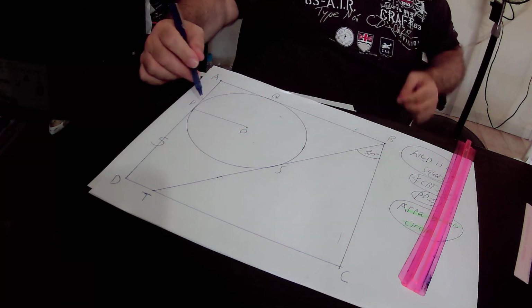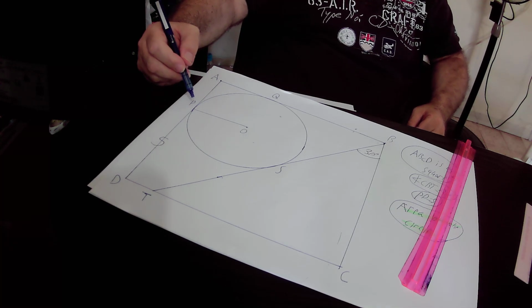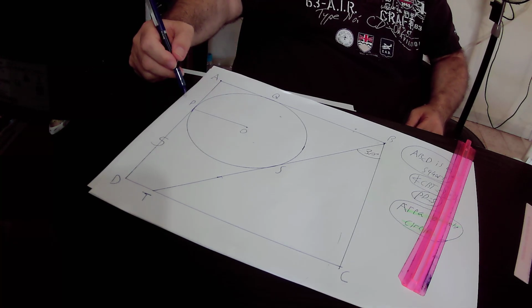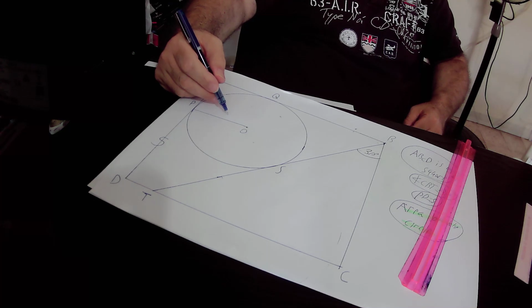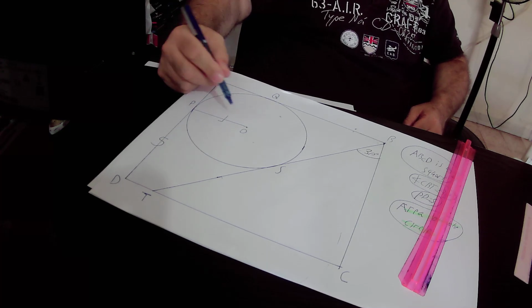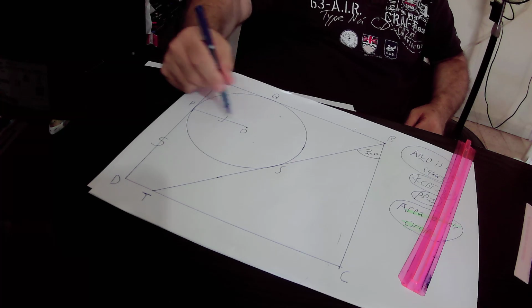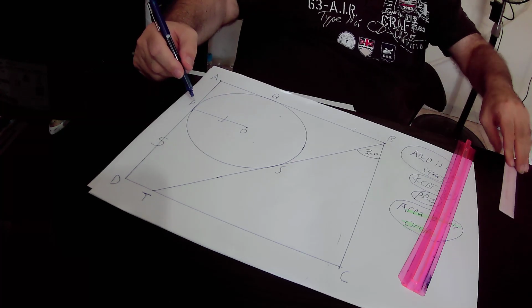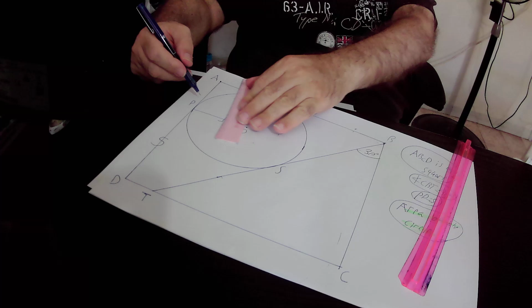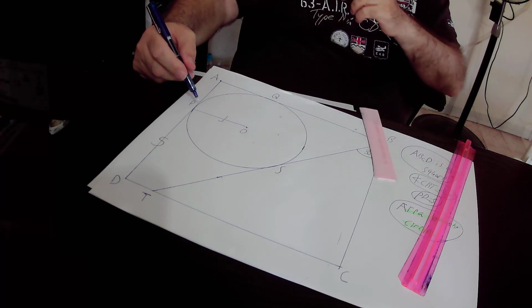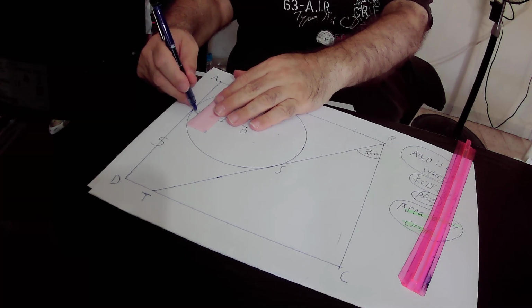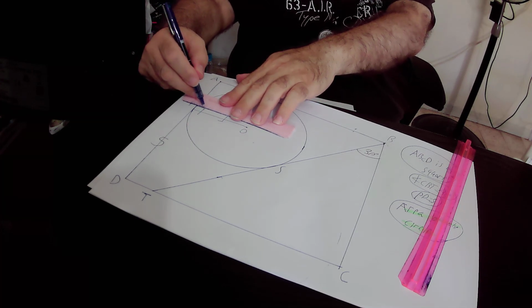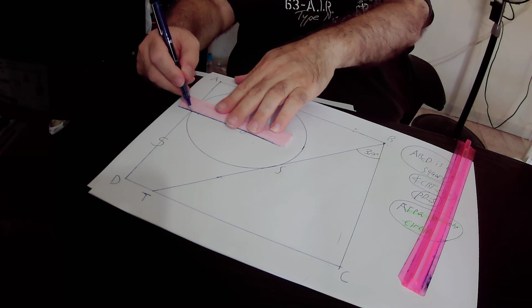Point O is the center of the circle, point P is a point on the circle itself, therefore OP is the radius of this circle, which we define as R. We have the radius OP drawn to the point of tangency, therefore according to rule number 1, a tangent to a circle is perpendicular to the radius drawn to its point of tangency. This angle will be equal to 90 degrees, and this angle will also be equal to 90 degrees.